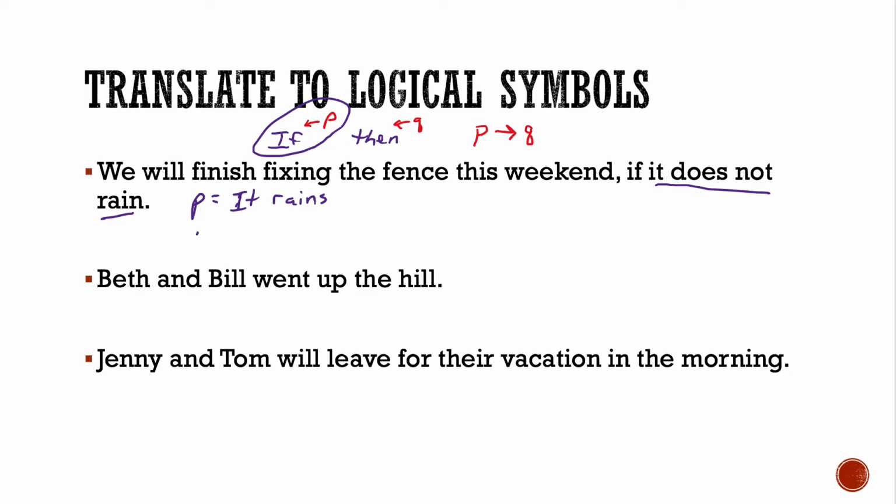All right, the Q will be the other part of the statement. Okay, sometimes it's going to have the word then, sometimes it doesn't. But if it does not rain, then we will finish fixing the fence this weekend.